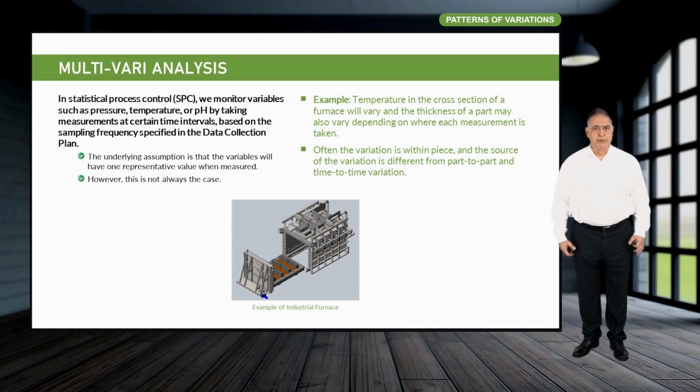So, in statistical process control, we monitor variables. And you may remember from the yellow belt training that we have two main types of variables.